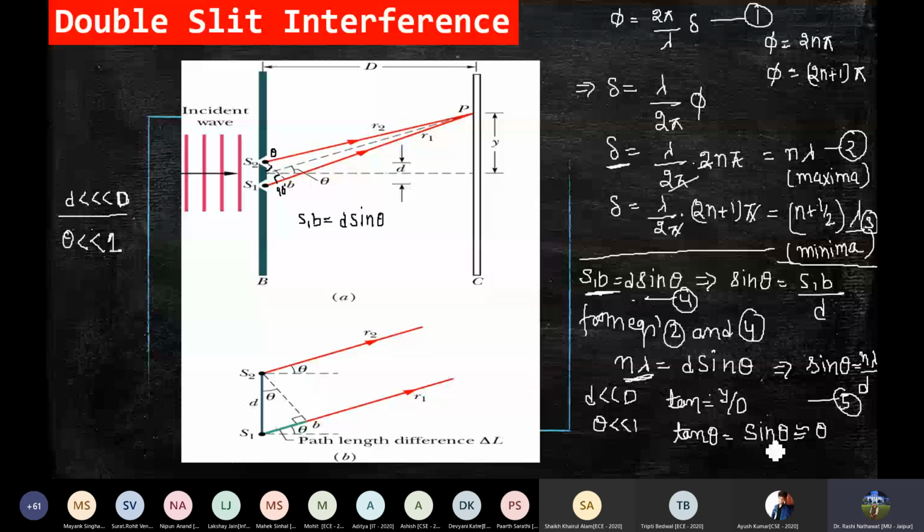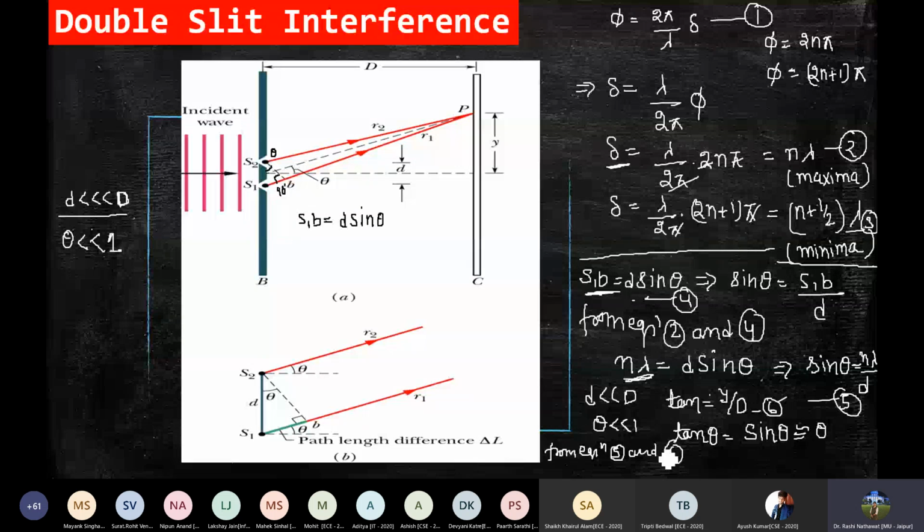And we can equate the same with sin theta. So this is equation 5, and this I can call equation number 6. So I can equate equation number 5 and 6 over here, from equation 5 and 6.